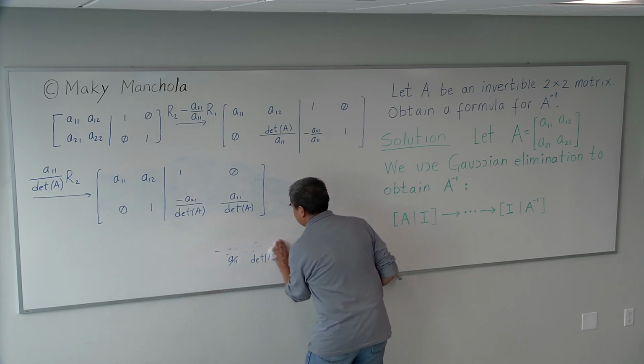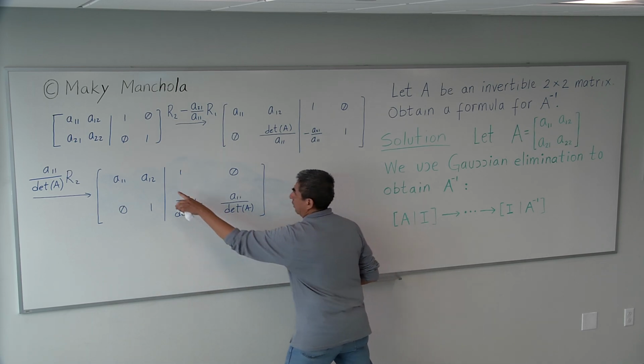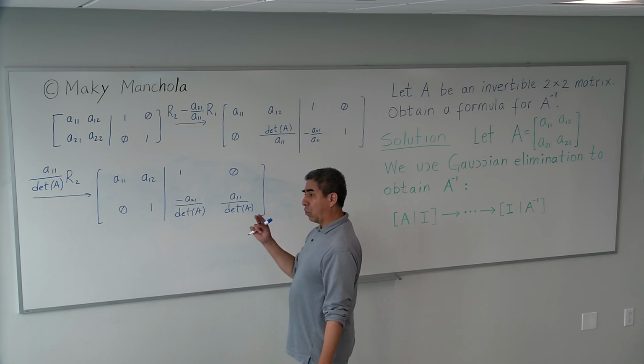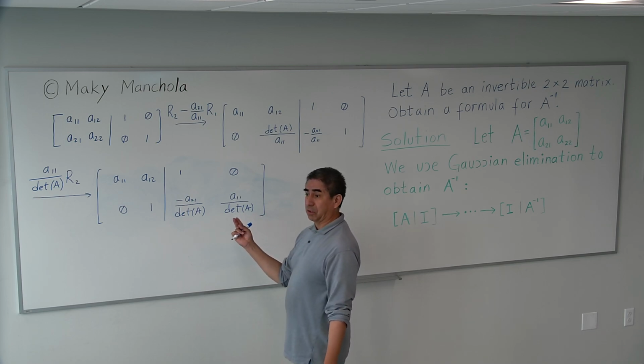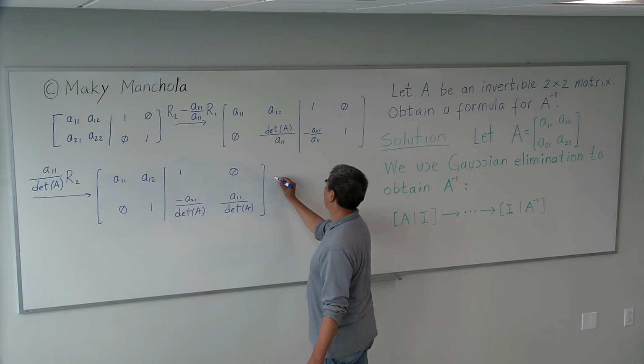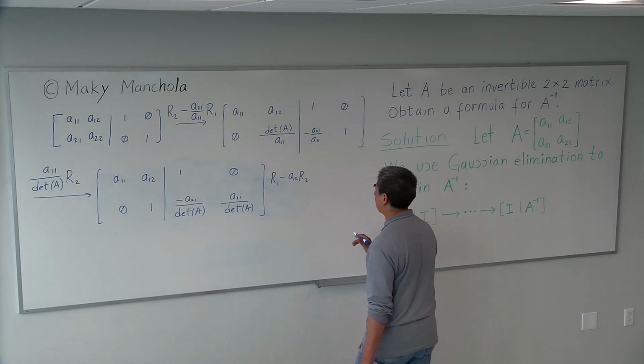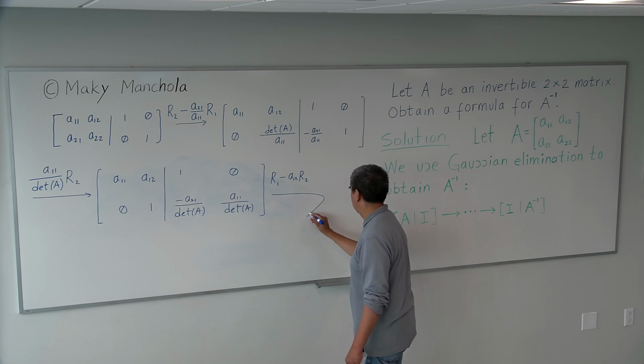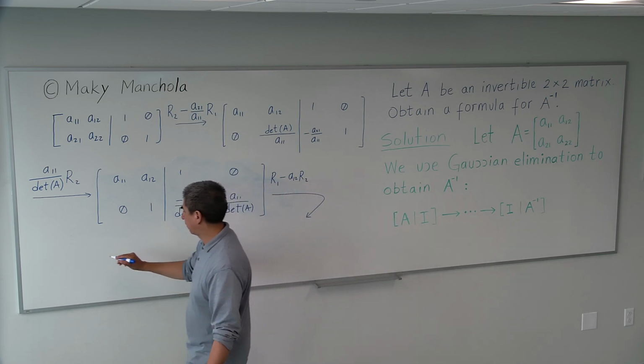Okay, our next step, get rid of A12. For that, I'll take row 1 minus A12 times row 2. Let's get the result down here.